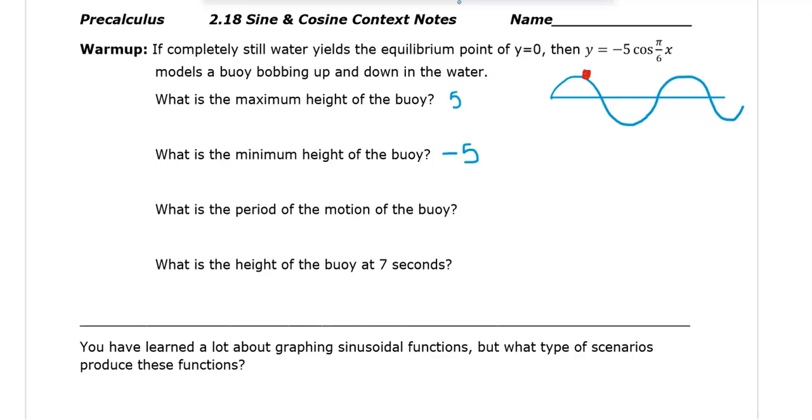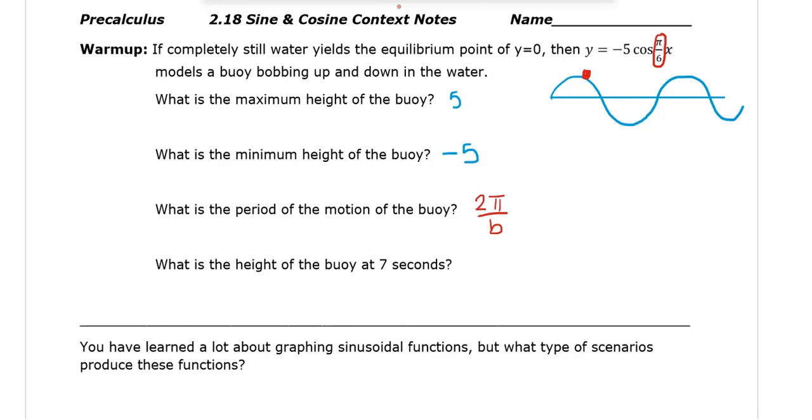And then what is the period of the motion of the buoy? Remember, period here is 2 pi divided by b. The question is what is b? Remember, b is the thing that is inside the trig function. So it's immediately behind cosine, and it's being multiplied by the x.